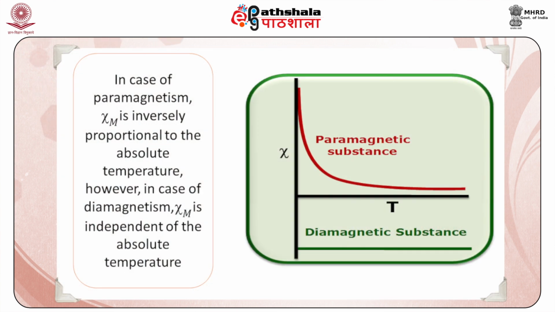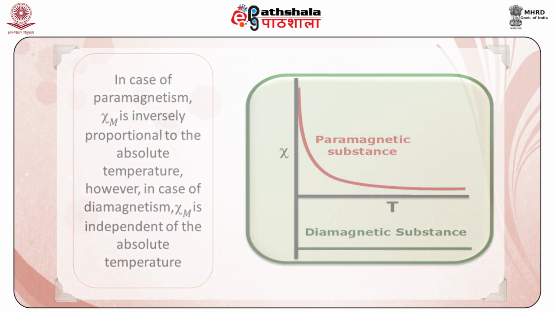In the case of paramagnetism, χ_m is inversely proportional to the absolute temperature. However, in the case of diamagnetism, χ_m is independent of the absolute temperature. This theoretical prediction is fulfilled experimentally for a very large number of substances.